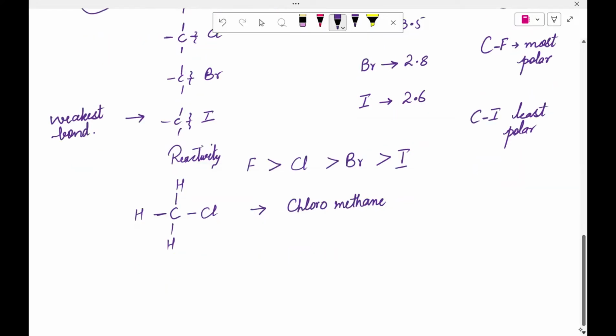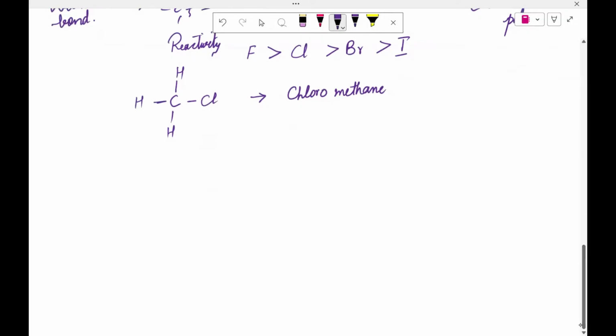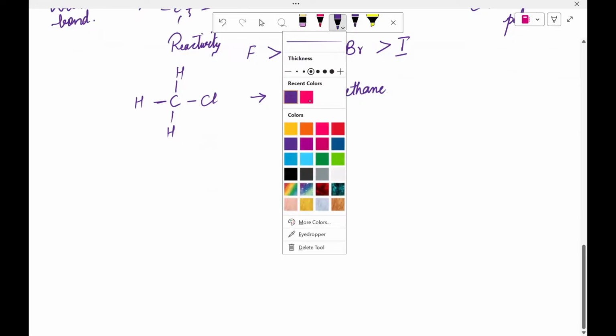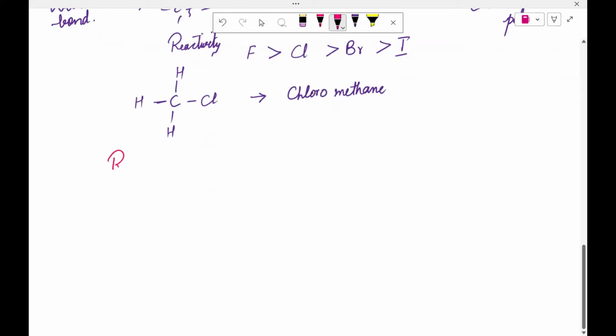So what kind of reactions would be possessed by halogens? Let's discuss the reactions of halogen alkane.